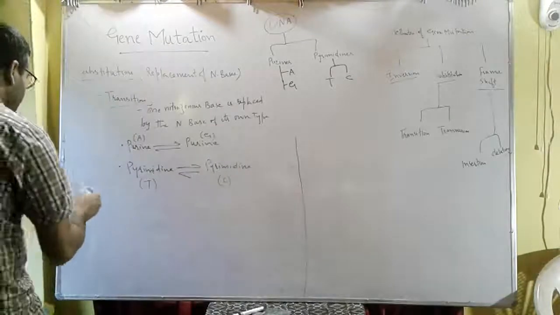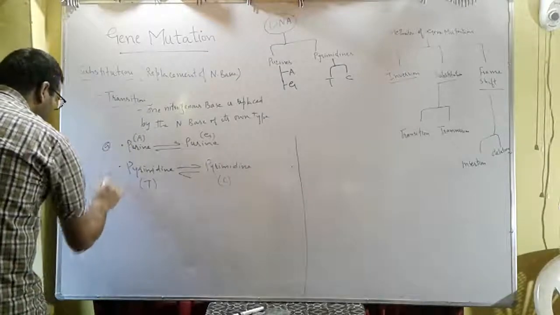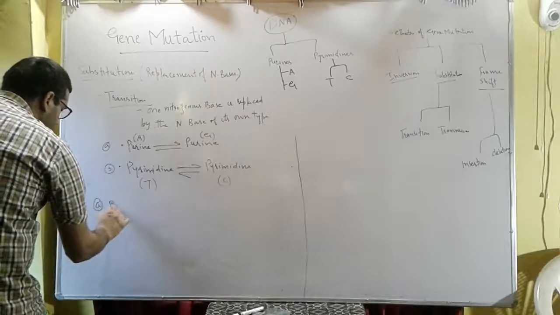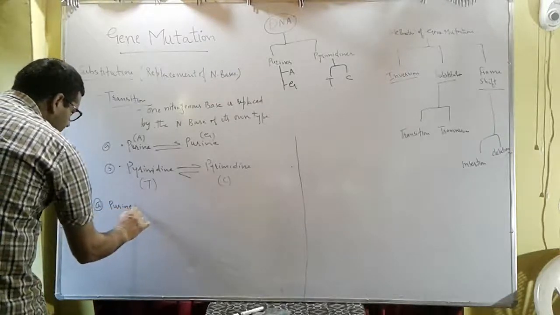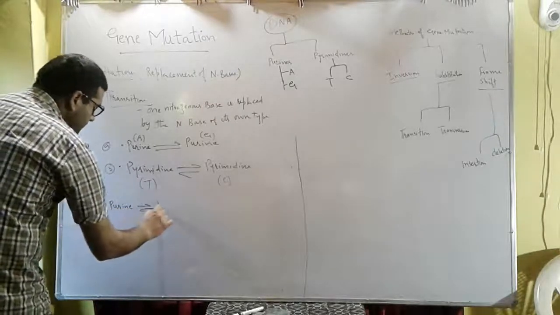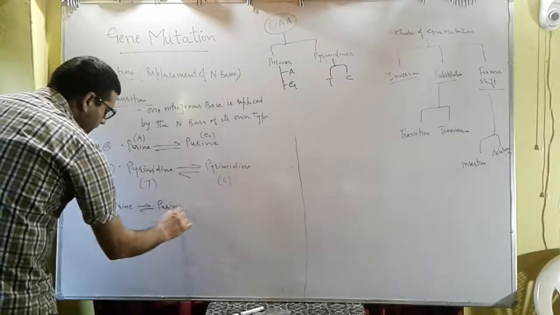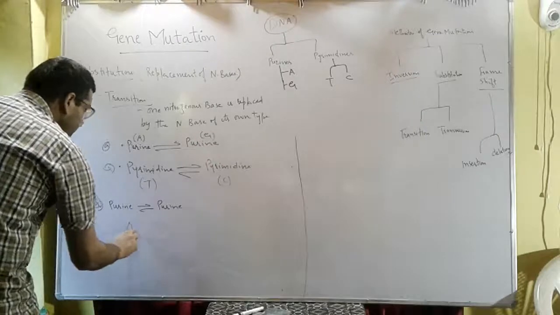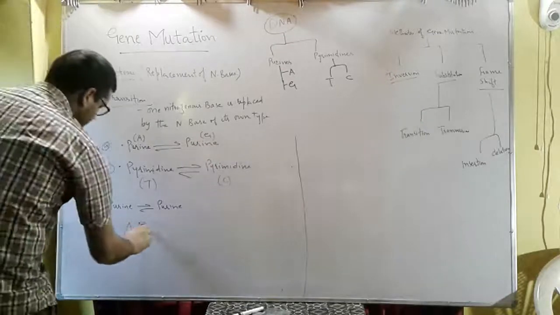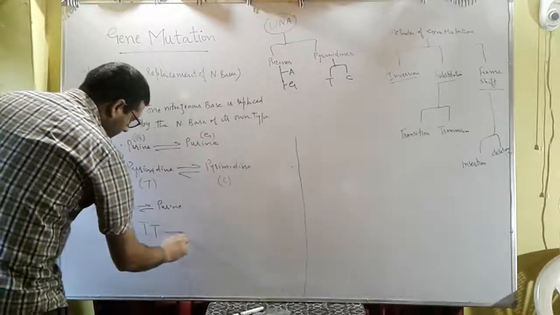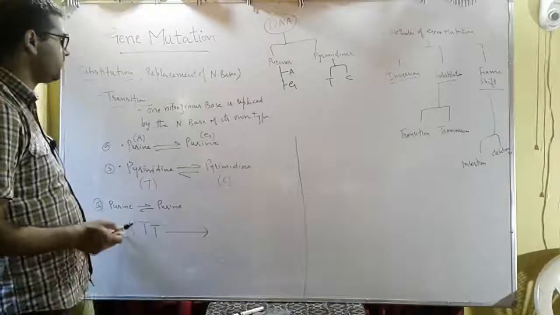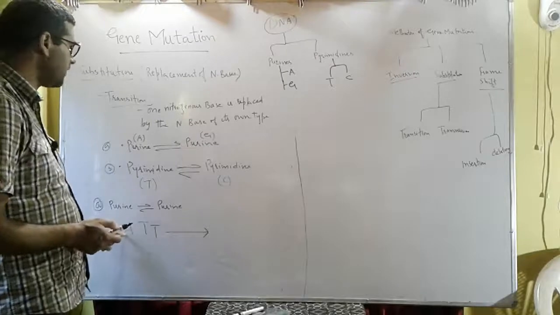For example, we have examples for the first one. Purine is replaced by purine. We have base sequence ATT. Here A is a purine, it will be replaced by purine.